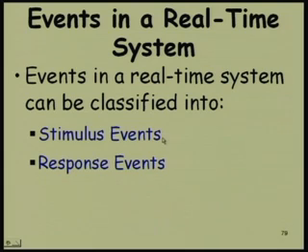So, the temperature exceeding some value is a stimulus event to the system, and the system will recognize that and it will respond to that. So, the response events are generated by the system. Is that okay? Stimulus is by the environment and response is by the system, two distinct categories of events that we will talk of.